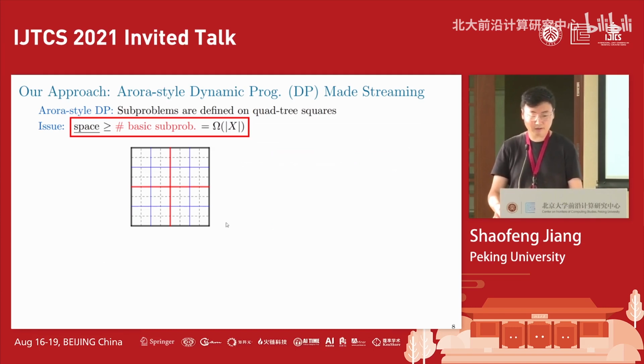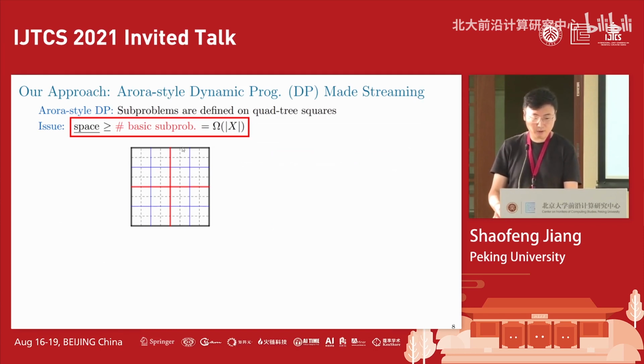You start with the biggest square that includes the whole data set, and then you evenly partition it into 4 sub-squares, and eventually you stop when you reach singleton squares, which consist of only 1 point. This subdivision introduces omega of |X|, where X is the data set, number of basic subproblems, and the space cannot be better than that.